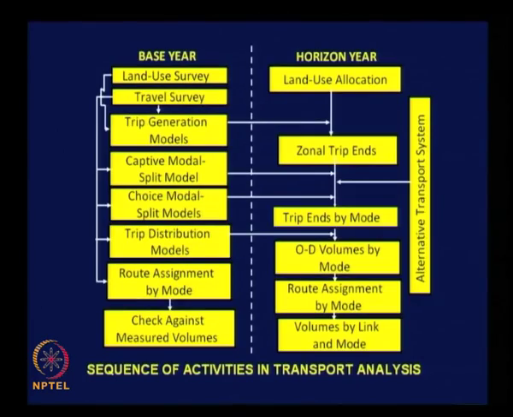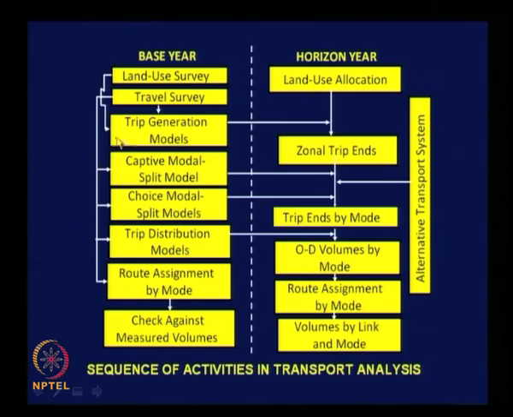And you predict the horizon year land use by all possible means, including the process of modeling, namely Lowry's model of land use, to predict the future land use situation. So, once you do the prediction process, you are very clear about the different activities zone wise for the whole of the urban area within your outer cordon line, right.